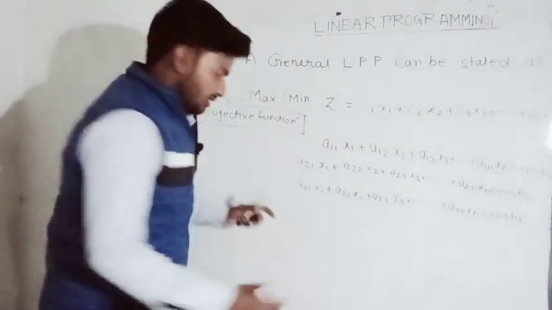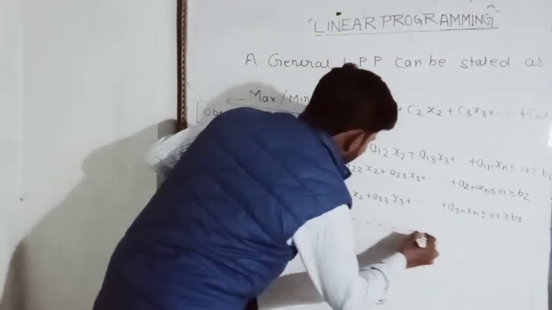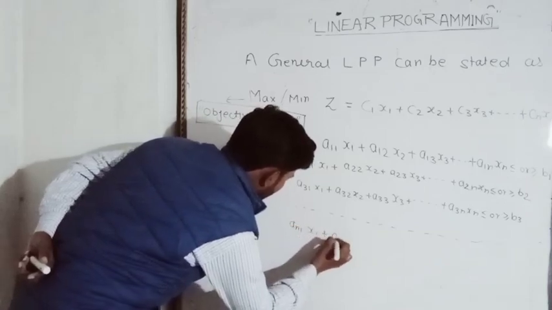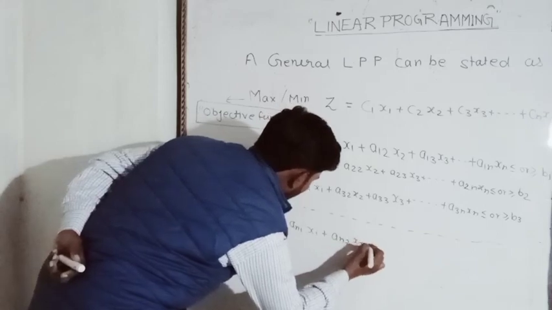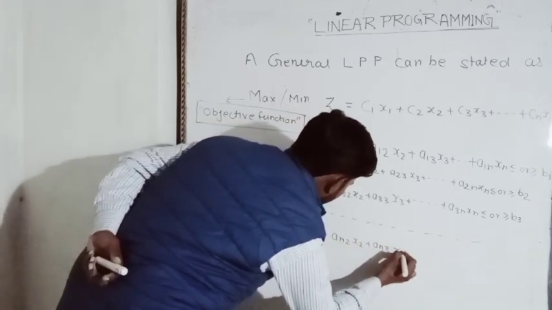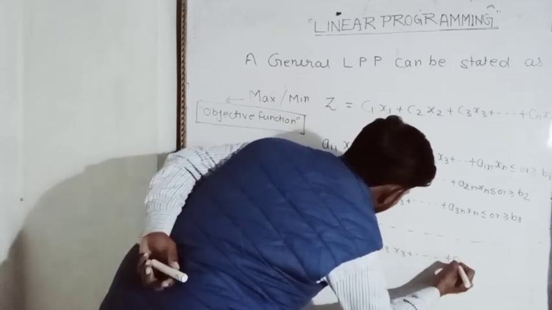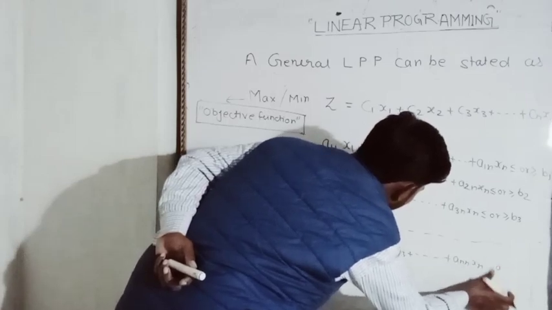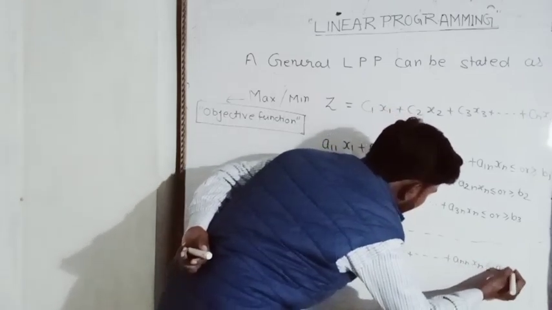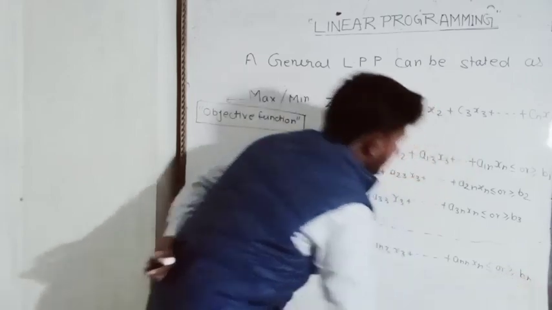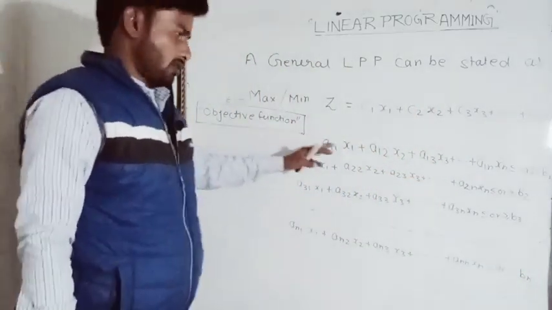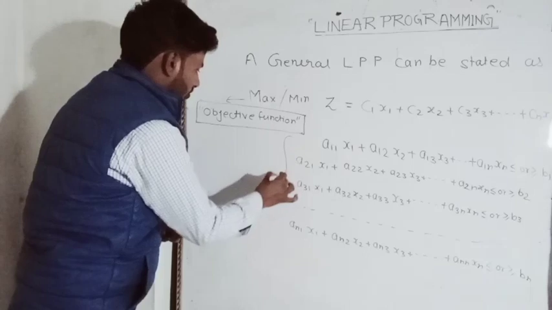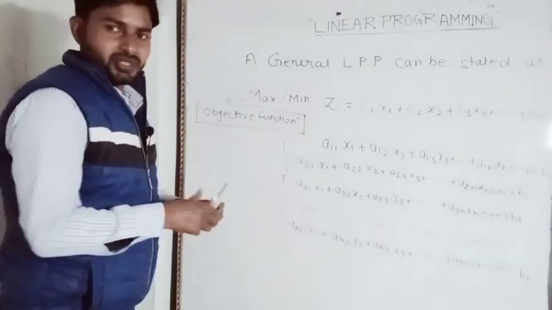So on, there exist many constraints such that an1 x1 plus an2 x2 plus an3 x3 plus so on plus ann xn is less than or equal to or greater than or equal to bn. So there exist these inequalities, and these inequalities are called the constraints.